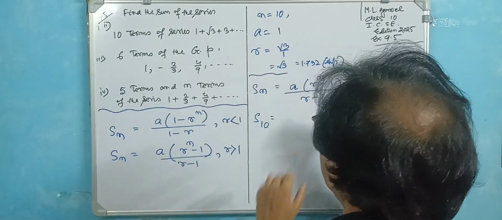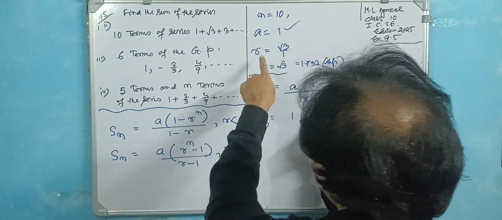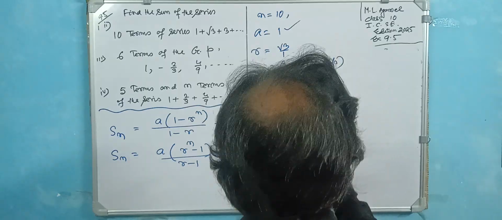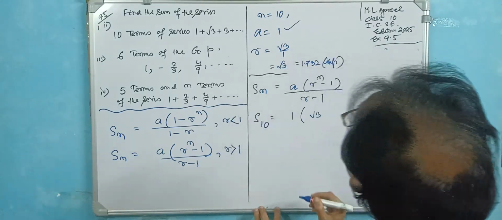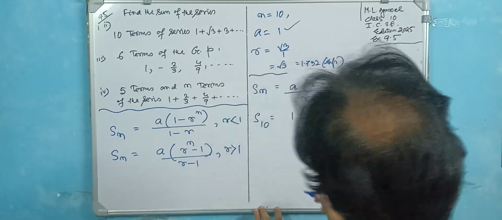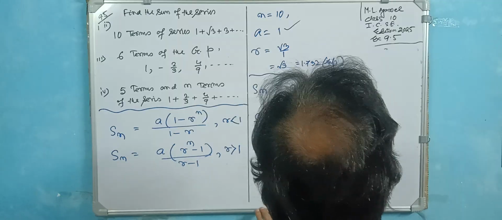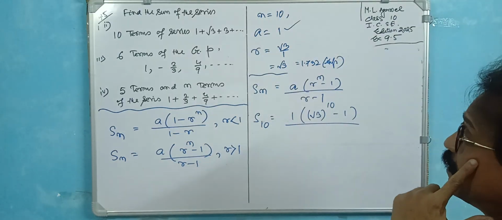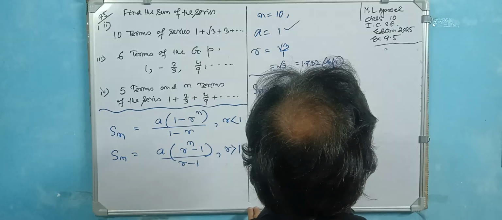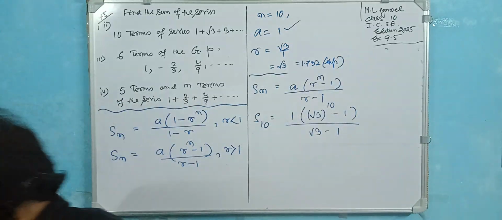What is the value of a? a is 1, you write 1. Don't panic. Bracket. What is the value of r? r is root 3. Root 3 to the power n, what is the value of n? n is 10, minus 1, divided by r, which is root 3, minus 1. Is it clear?